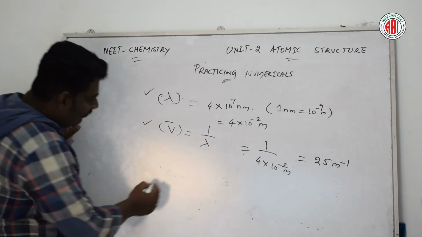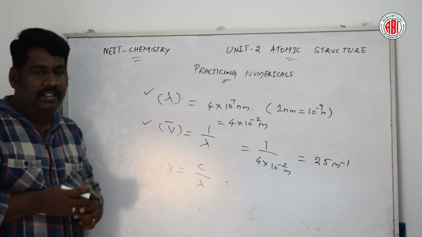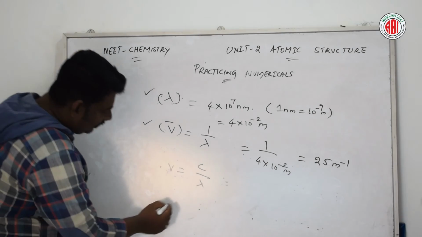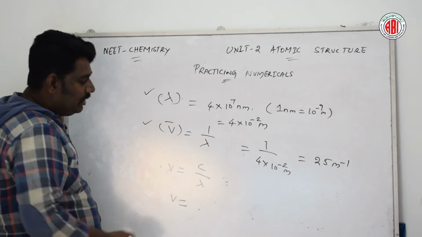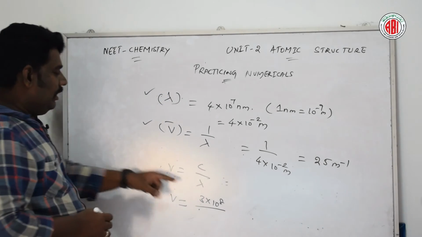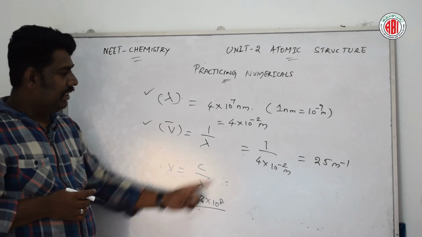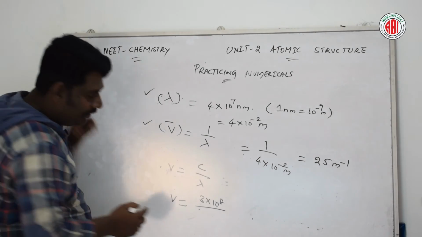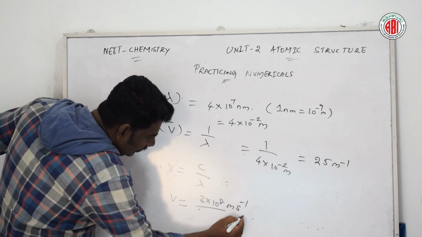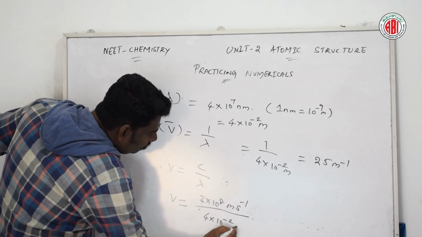We have a formula for frequency, that is c by lambda, speed of the light by wavelength. Frequency nu is equal to c, speed of the light 3 into 10 to the power of 8 meter per second, by wavelength, which we already have, 4 into 10 to the power of minus 2 meter.